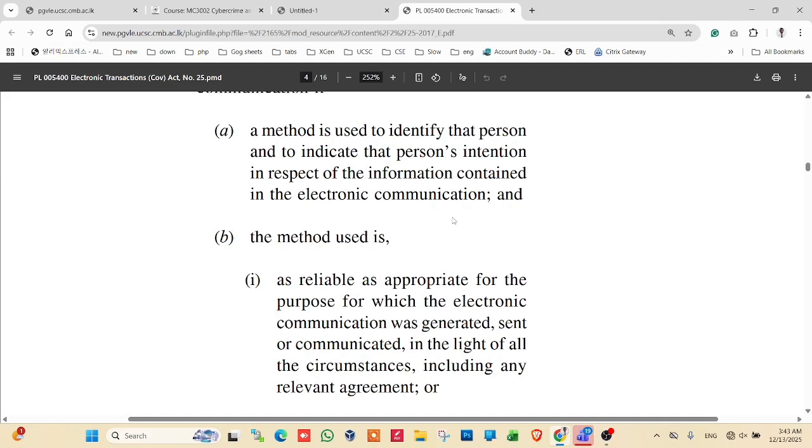So for you to have a valid signature, you have to satisfy 7 subsection A, and then you need the method to be reliable and appropriate for the purpose. Some of you may argue that copying and pasting my written signature on the document is reliable and appropriate, but that is not necessarily an acceptable representation.